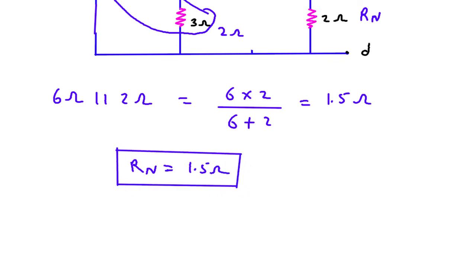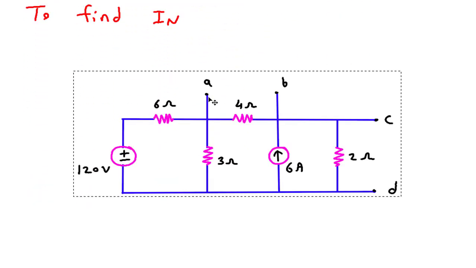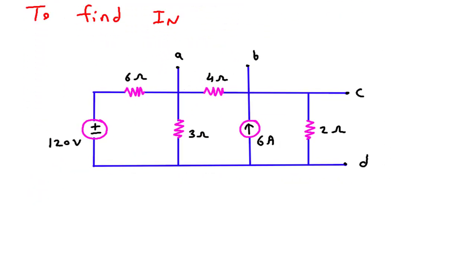Next we have to find IN. So to find IN, we will short circuit terminal CD. So this will be IN. Now this 2 ohm resistor is short circuited, so this will be erased.